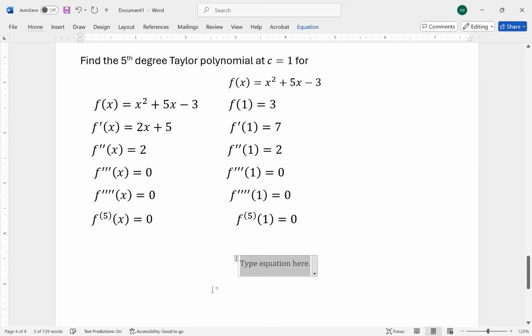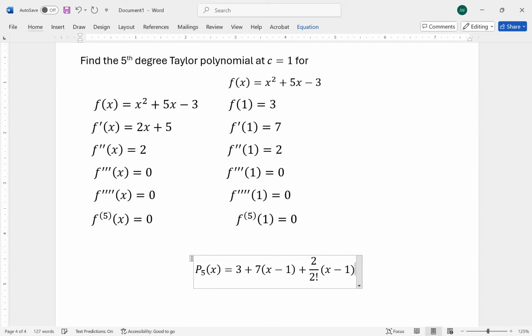Notice what that does. My 5th degree Taylor polynomial will be equal to 3 plus 7 times x minus 1 to the first power, plus 2 over 2 factorial times x minus 1 to the second power. And then after that, it's all 0.